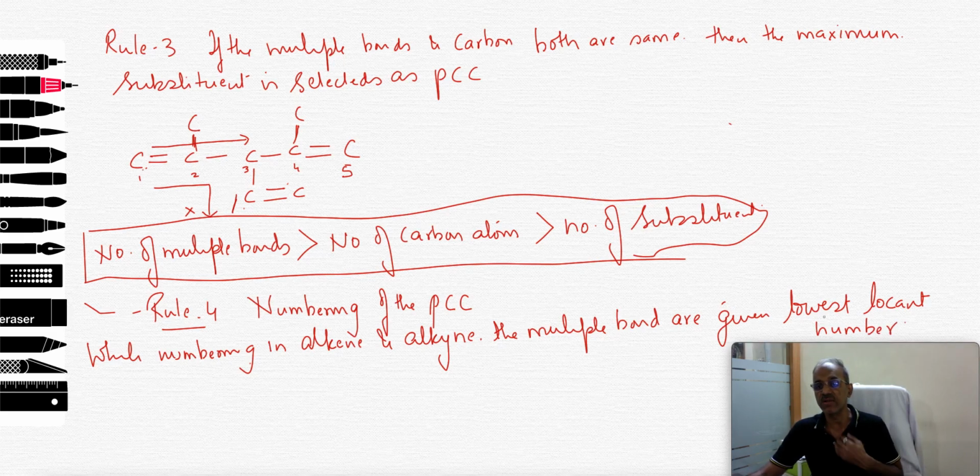The lowest locant number has to be given to the multiple bonds.